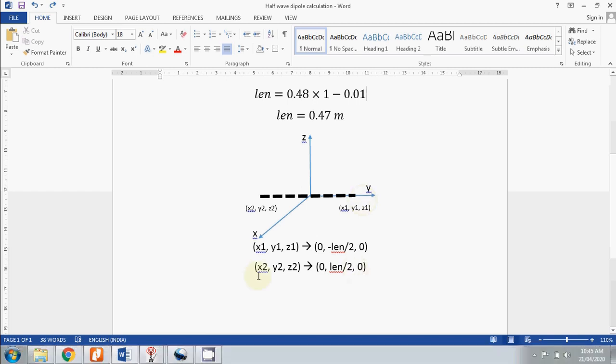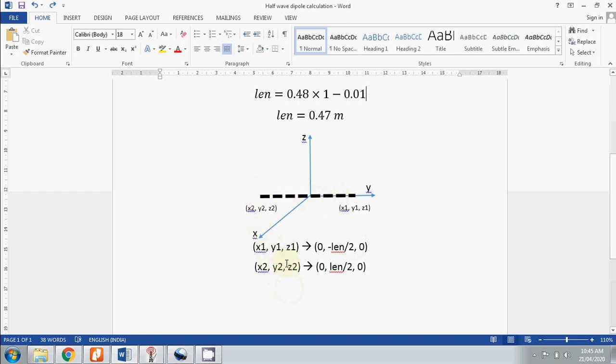To do this, we need to determine the coordinates of the two ends of this dipole. Let X1, Y1, Z1 be the coordinate on the positive y-axis. So it will be 0, minus length by 2, 0. Why are we taking minus length by 2? Because we need to keep half of the antenna on one side and the other half on the other side.